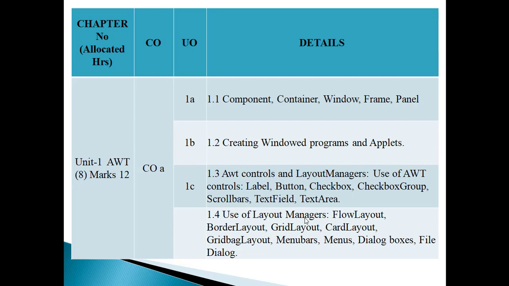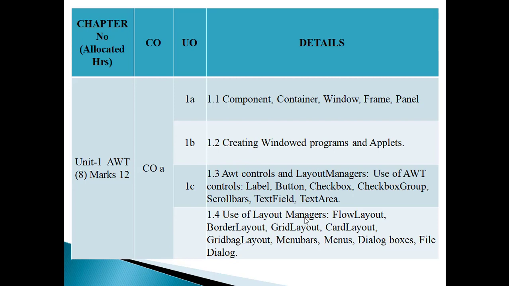These controls we are going to study in this point. Next point is the use of layout managers. In this we are studying flow layout, border layout, grid layout, card layout, grid bag layout. Like these layout managers we are going to study.